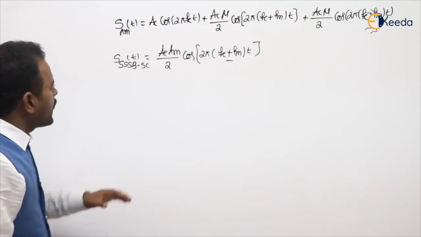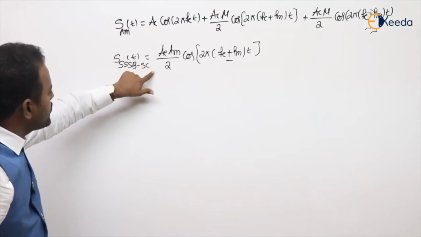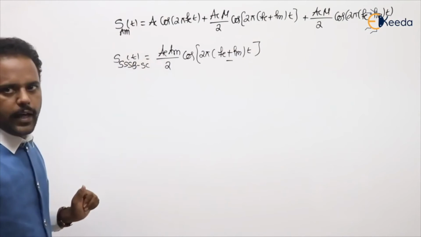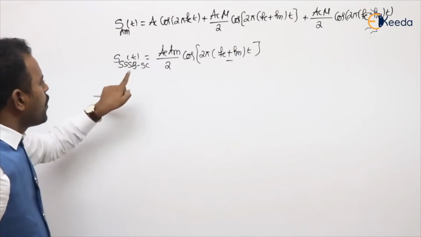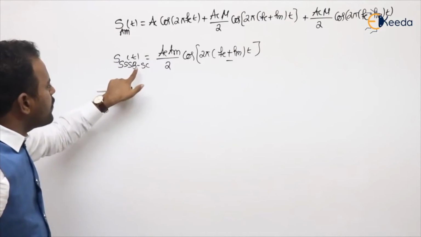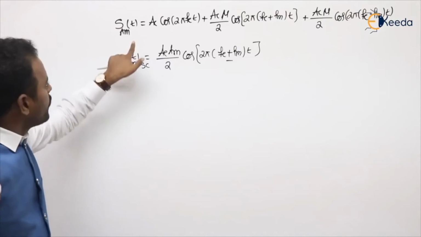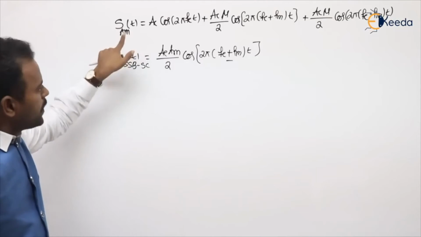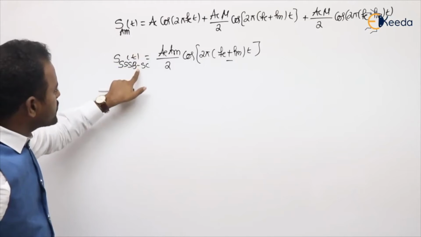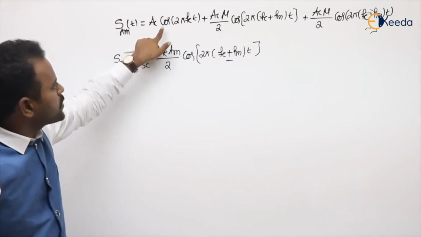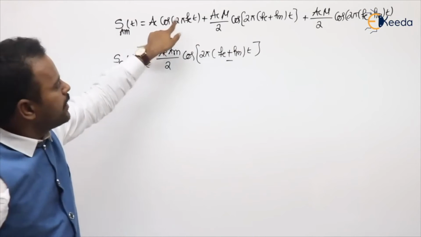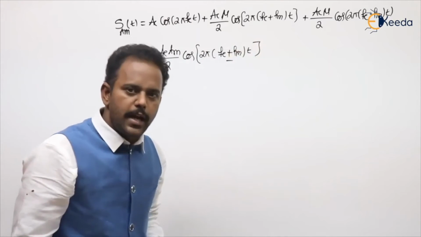Now, try to compare this SSB-SC with the AM single-tone expression. What is the power saved in SSB when compared to AM? When compared to AM, the power saved in SSB-SC is the additional carrier Ac cos 2π fc t and any one of the sidebands.